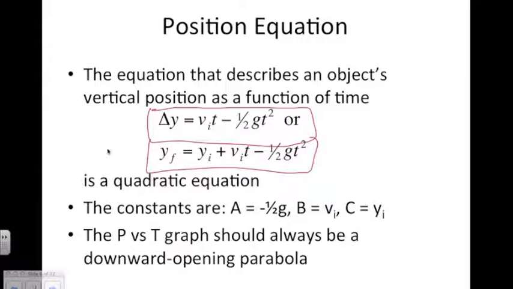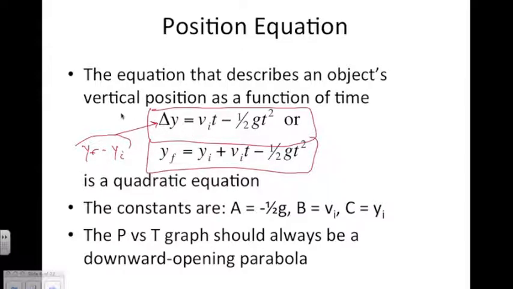Remember that this displacement is equal to the change of displacement. The final displacement minus the initial displacement is equal to the change.